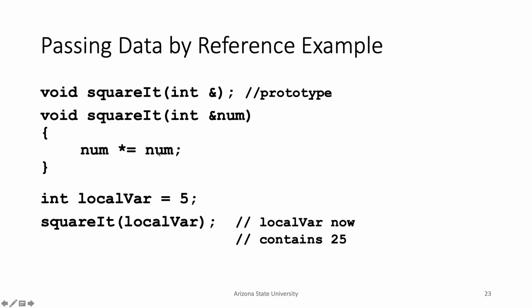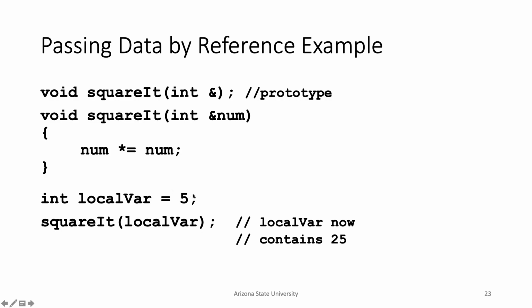So what we're doing here is we're modifying the original variable. So we're modifying the original variable by, what are we doing in this function? So what is the times equals short for? Yeah, so all we're doing really here is multiplying num by itself, i.e. squaring the number.